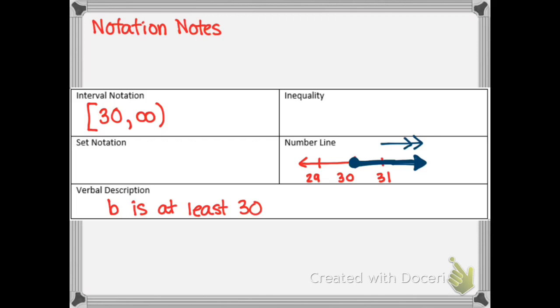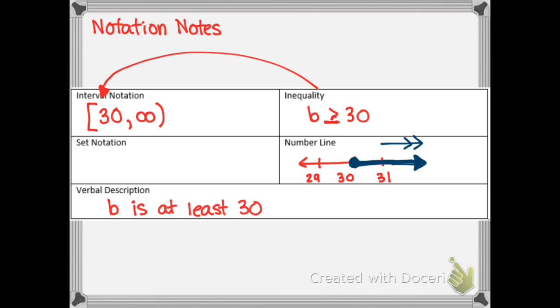Okay, our inequality, well, these are all the B values. They are greater than or equal to 30. Usually whenever you have a greater than or equal to, that's going to translate, or that's going to result from a bracket over here in interval notation. The equal to means bracket, just like that underscore means equal to.